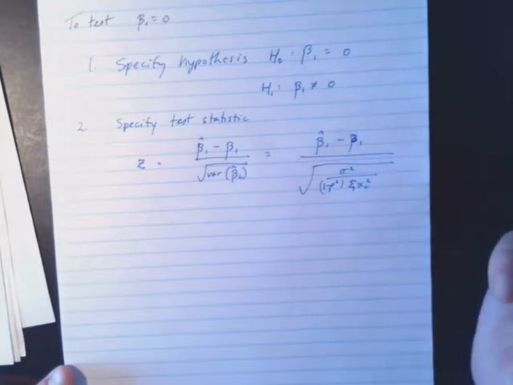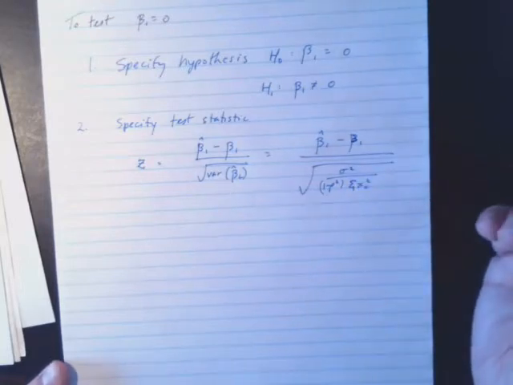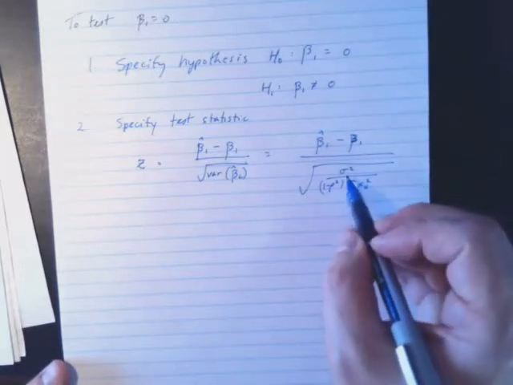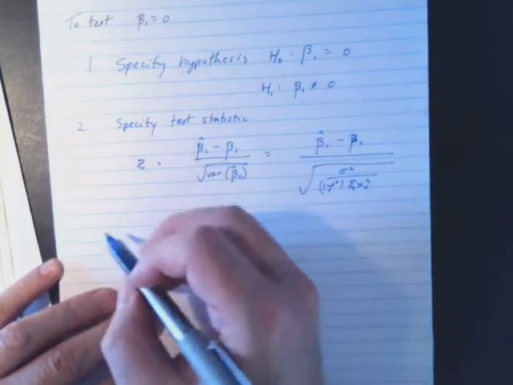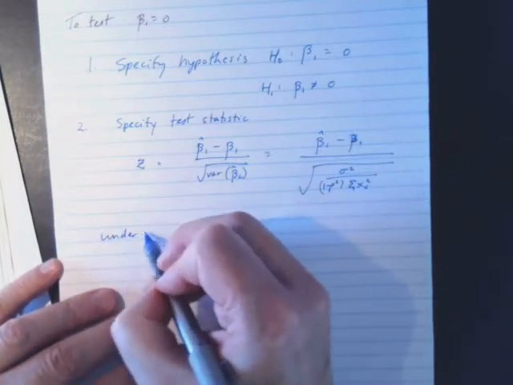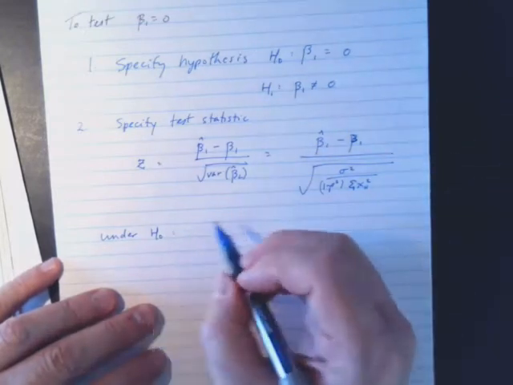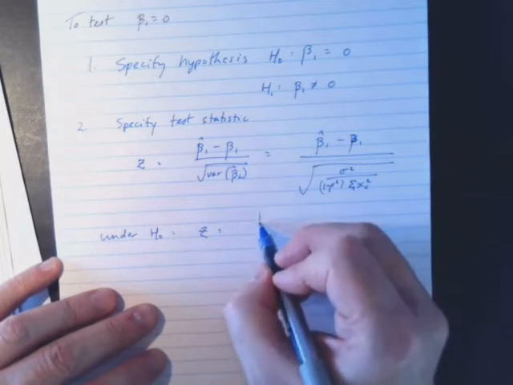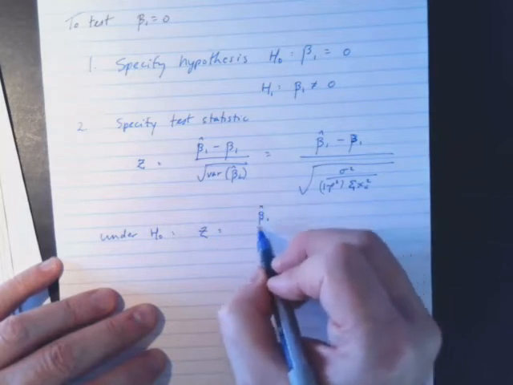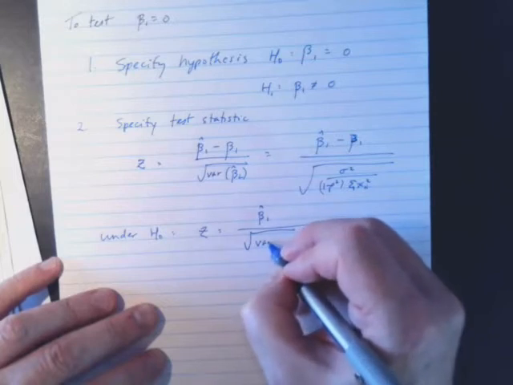And we're assuming here that we know what sigma squared is. Then under the null hypothesis that beta 1 equals 0, z equals beta 1 hat over the square root of the variance.